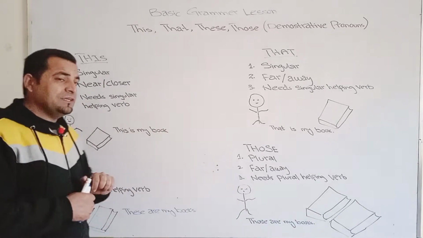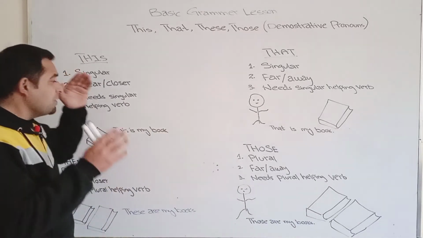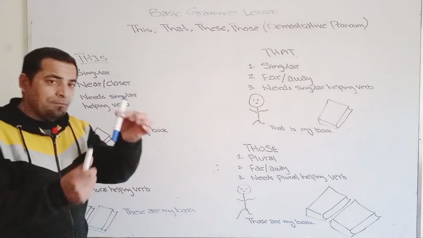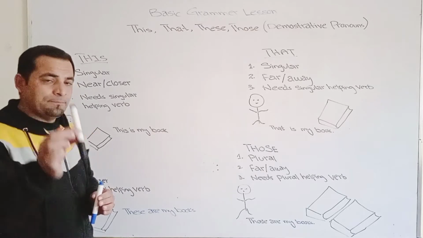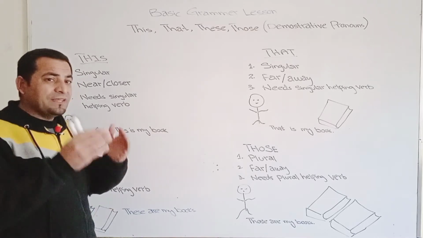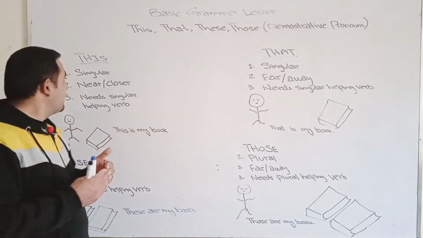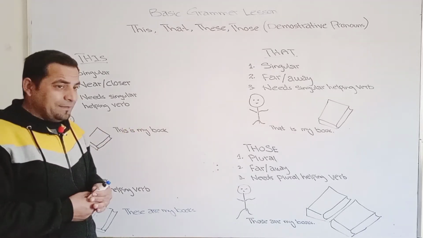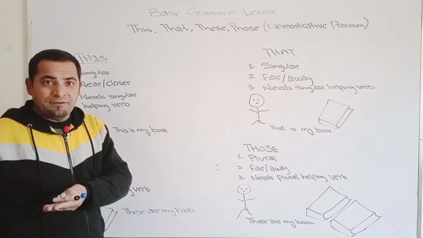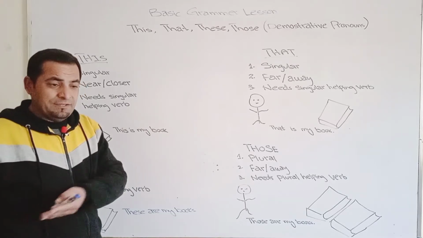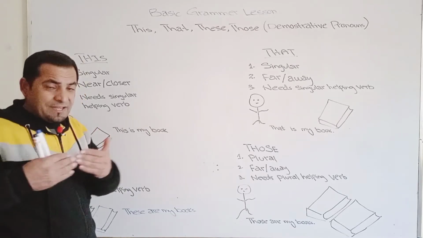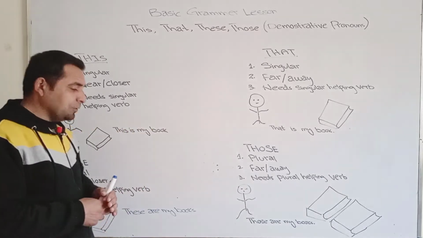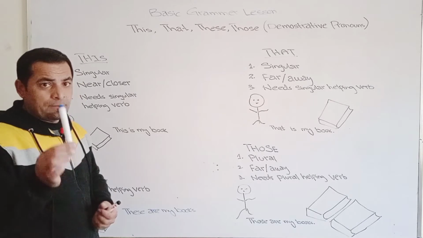The second thing we need to understand is when we use this, we feel that the object we are talking about, the person we are talking about, is near or closer to us. So whenever you say, hey, meet my friend, or this is my friend, it means that the person is near to you or closer to you, right? So this is a marker.